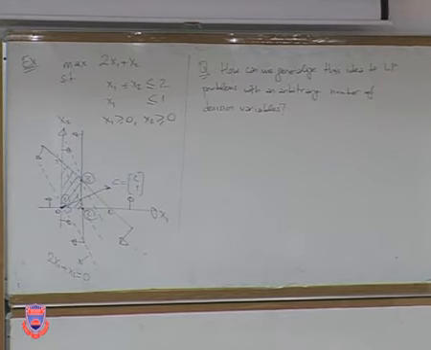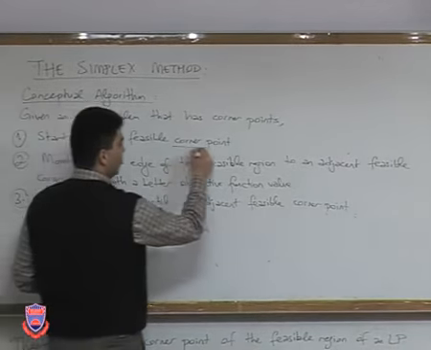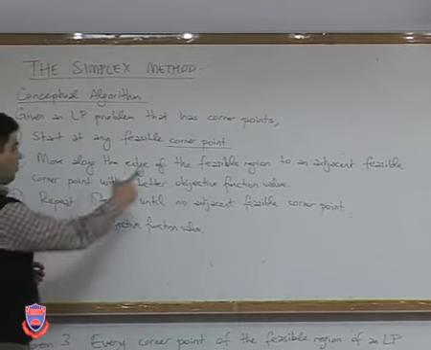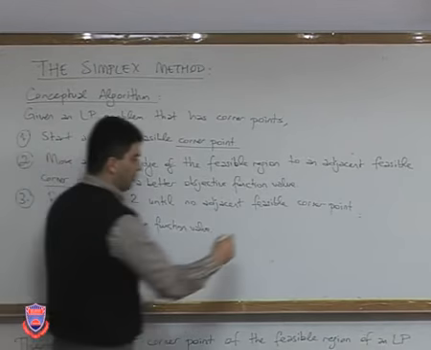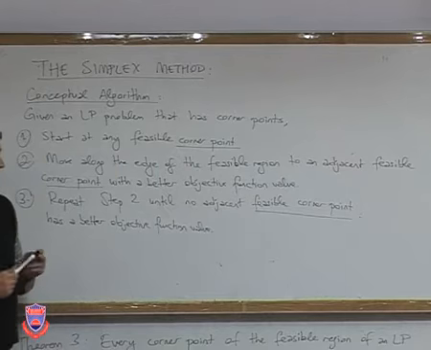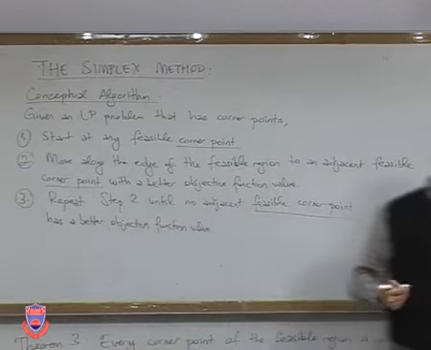If you go back to this algorithm description, in several places I'm using the word corner point, right? I'm starting at a corner point. Then I'm moving to an adjacent corner point with a better objective function value. And then for termination, I also look at whether there are any better adjacent corner points or not. Which means that corner points are essential to this algorithm.